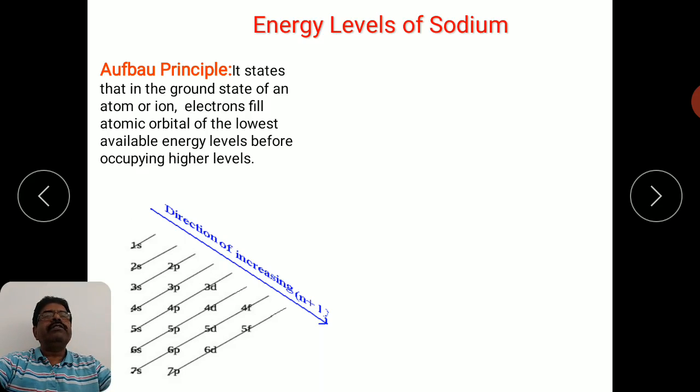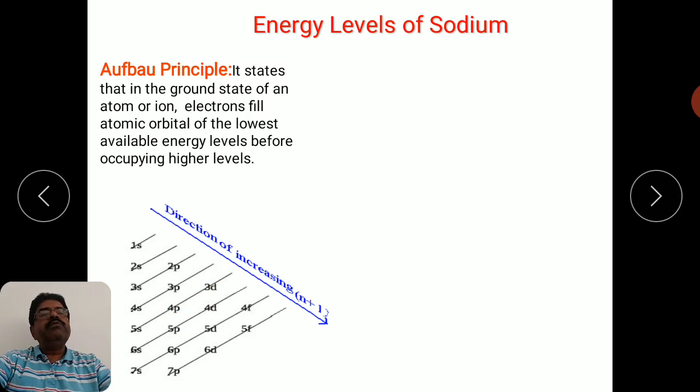This is the simplest form of representation. The order you can remember in this manner: 1s, then 2s, then 2p, 3s, 3p, 4s, then 3d, 4p, 5s, and so on.